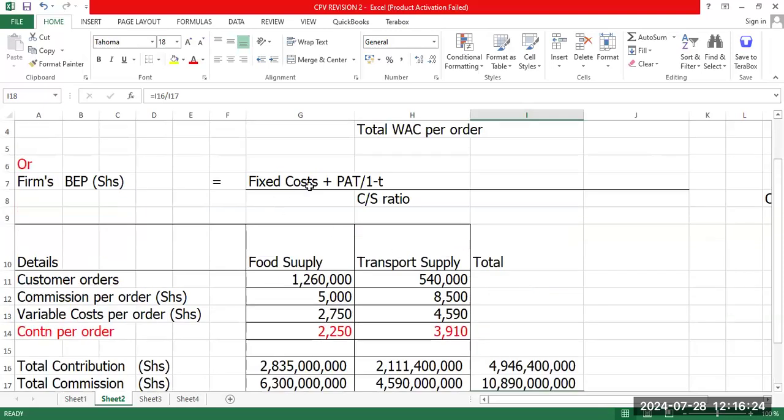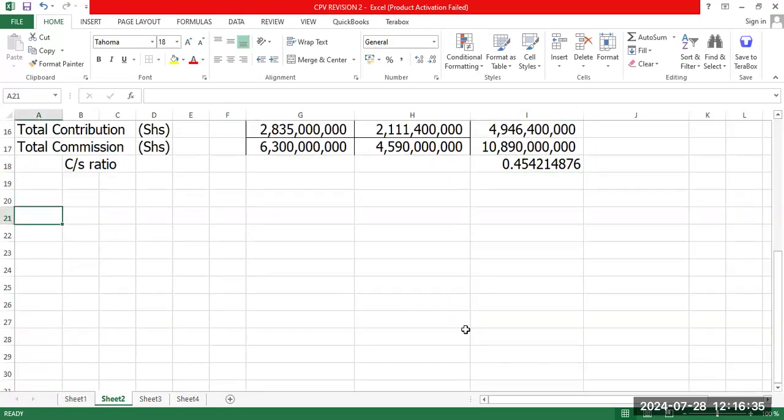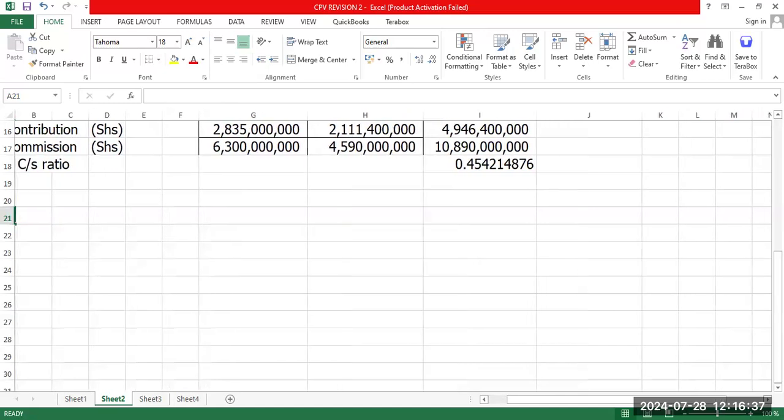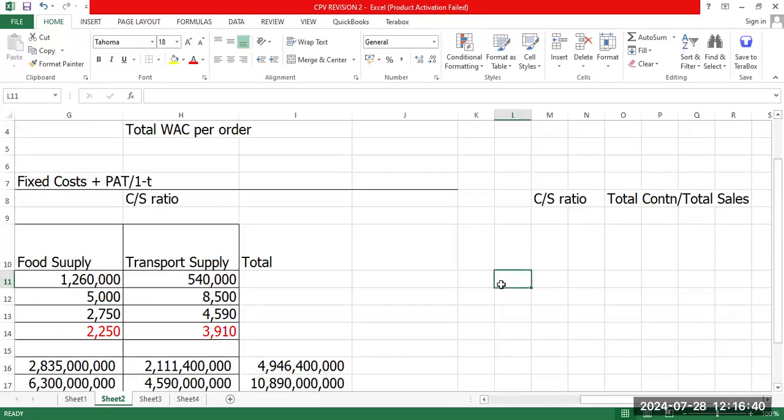So do we have everything in the question? Do we have fixed costs? Because now we have the contribution to sales ratio, we can substitute in the formula. We get the break-even point in shillings, that is the revenue, which will be equal to fixed cost divided by contribution to sales ratio.